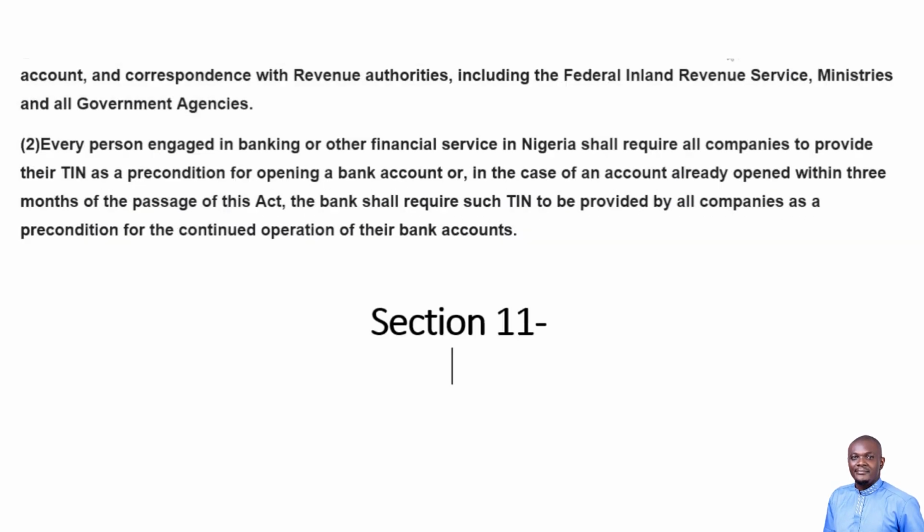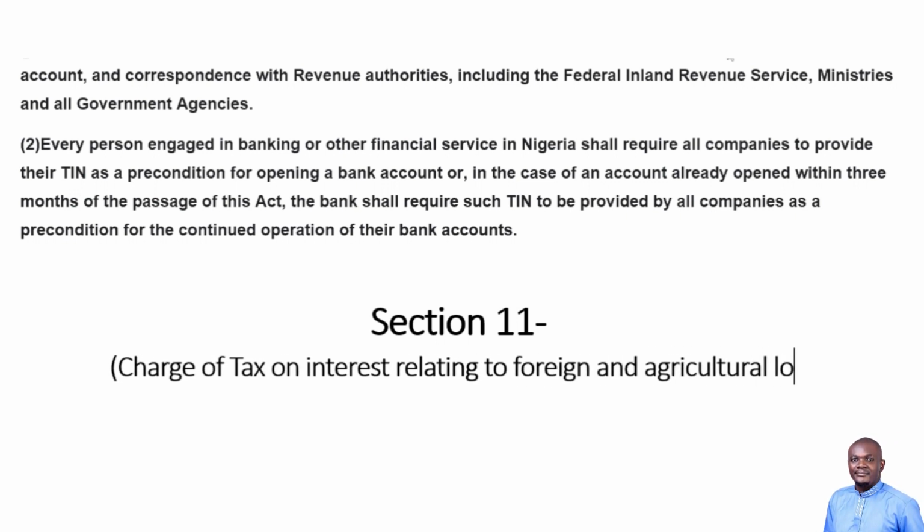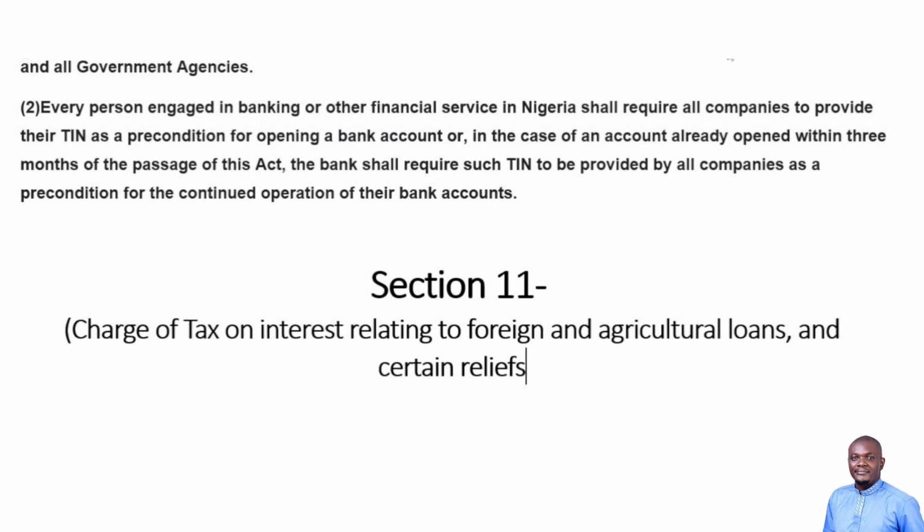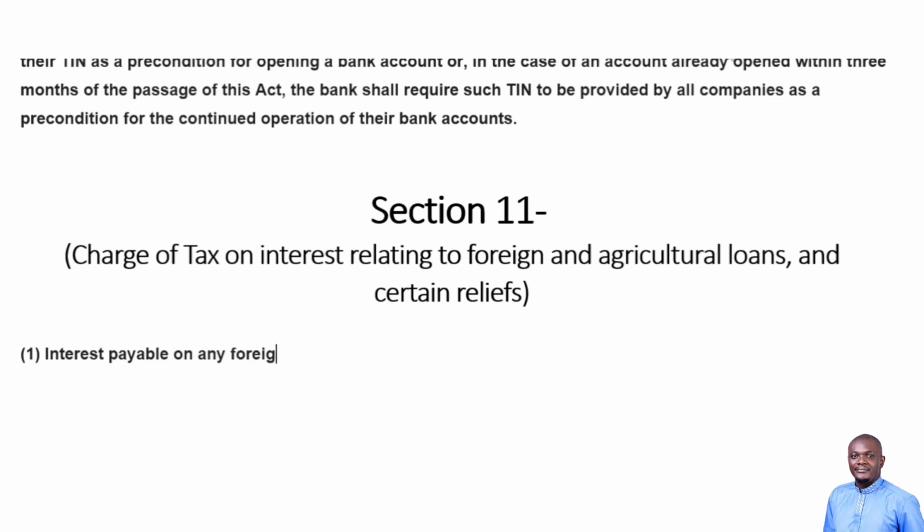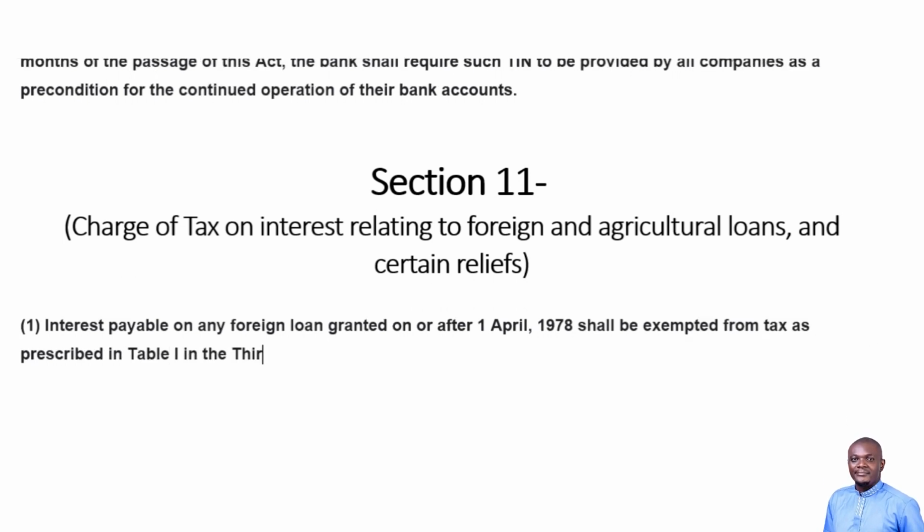Section 11. Charge of tax on interest relating to foreign and agricultural loans and certain reliefs. Interest payable on any foreign loan granted on or after 1st April 1978 shall be exempted from tax as prescribed in Table 1 in the 3rd schedule to this Act.